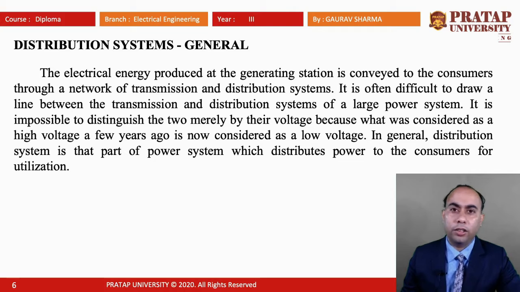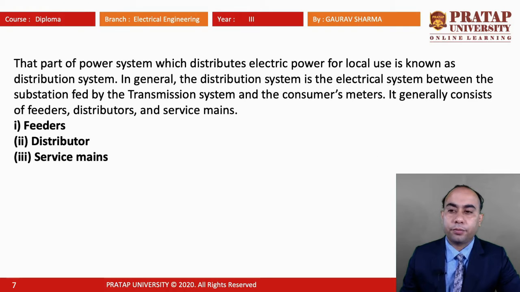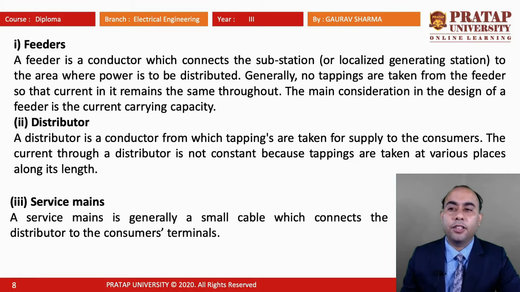The overall structure after the generating station, which includes the transmission part and the distribution part, is called transmission and distribution. Now we have three parts of the transmission and distribution: feeder, distributor and service mains.